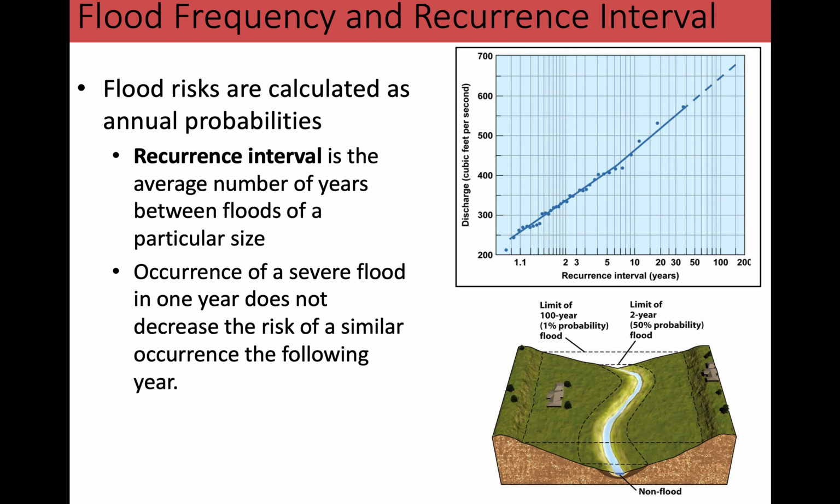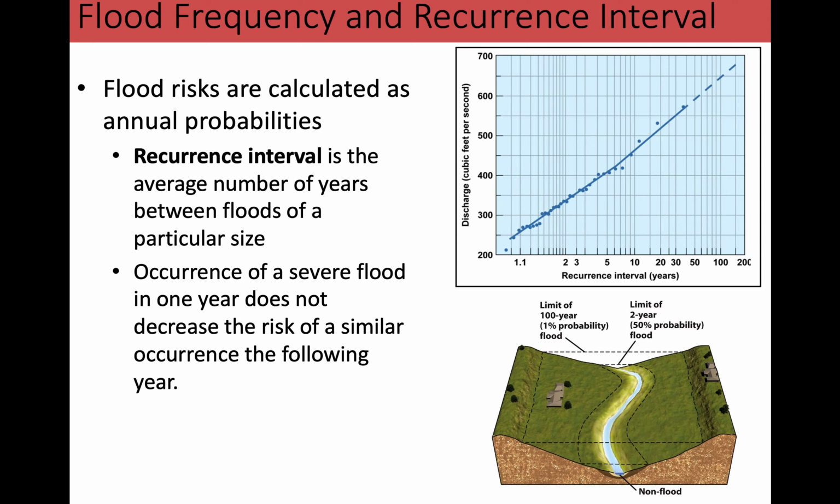So how likely is it that this year we will see a flood of some size? So the recurrence interval is the average number of years between floods of a certain size. So if you have a huge flood, how often does that occur statistically?